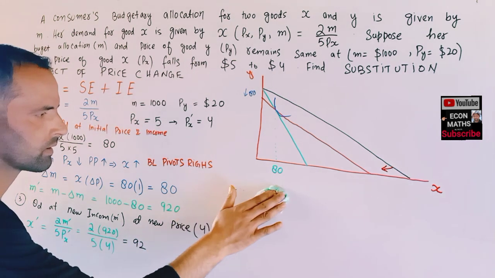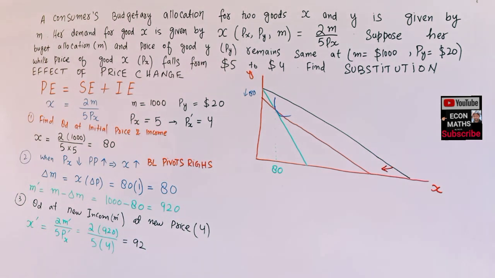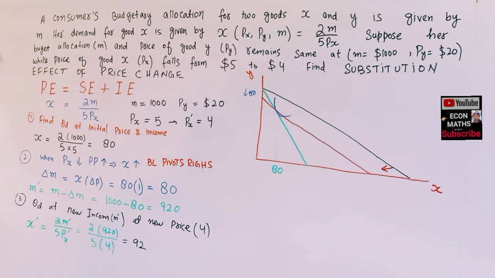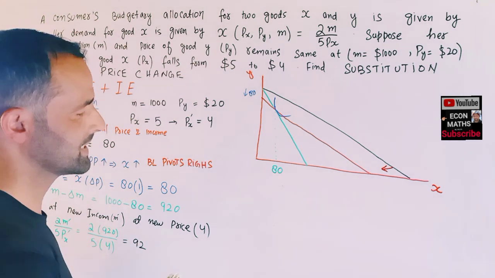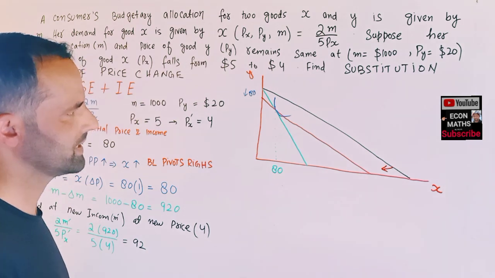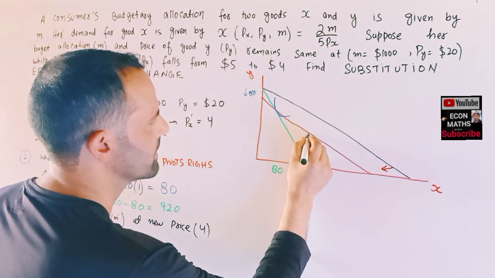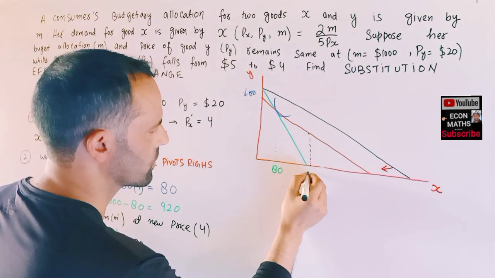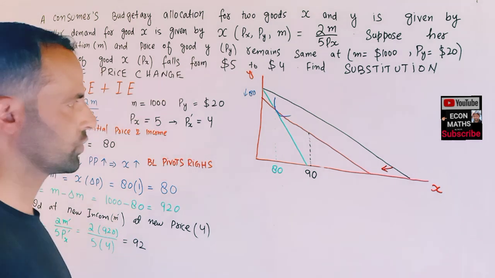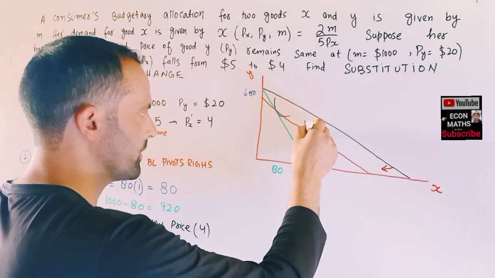So the quantity demanded at the new income and at the new price is 92. Obviously it will be on this new budget line. Let us say it is here. So the quantity demanded is 90, and there will also be some indifference curve which will be tangent.